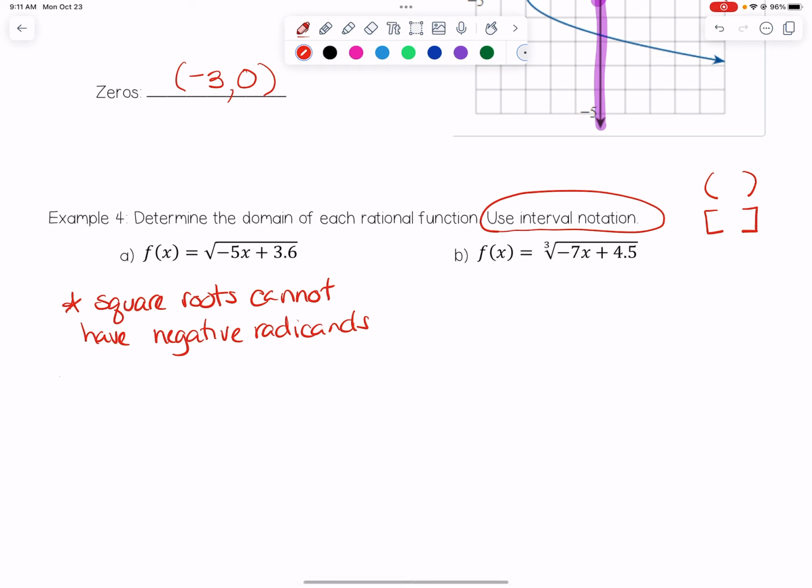So in a square root, set your radicand greater than or equal to 0 to find the domain, okay?